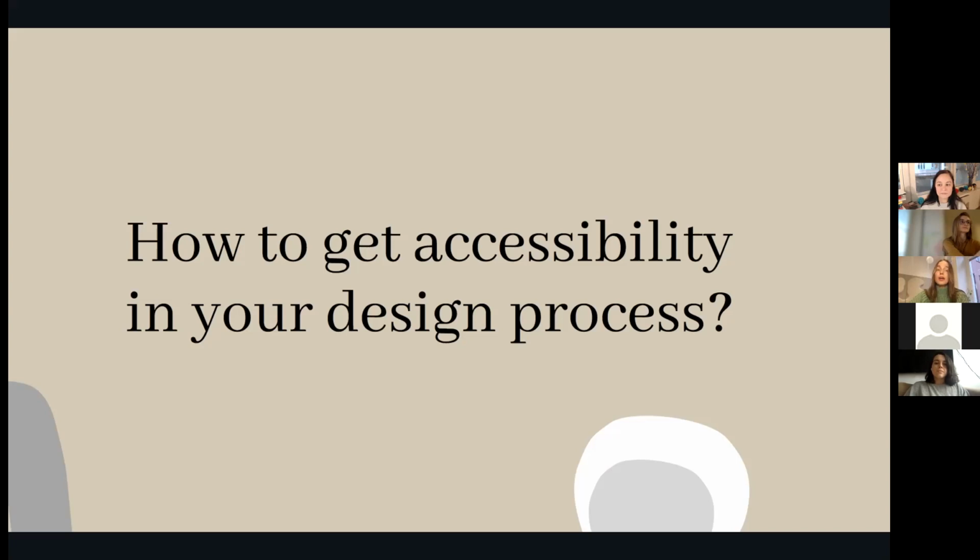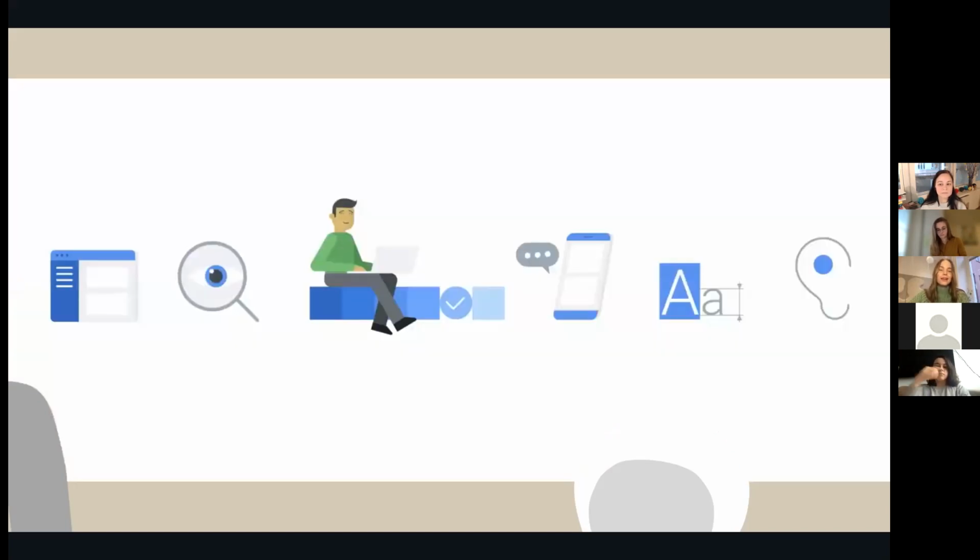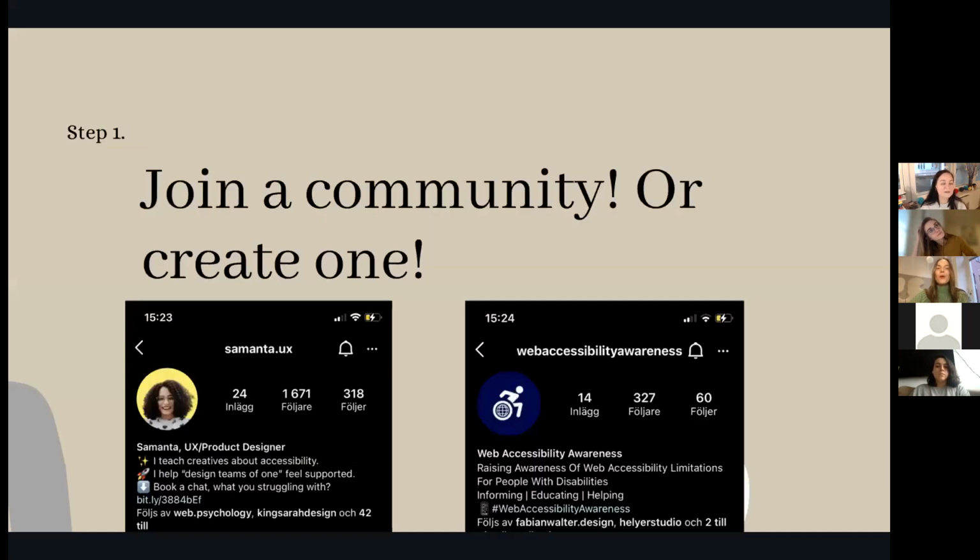We have woken up and we have taken new measures. So how to get accessibility in your design process? My tip number 1 would be to join a community or create one. And this is so important.